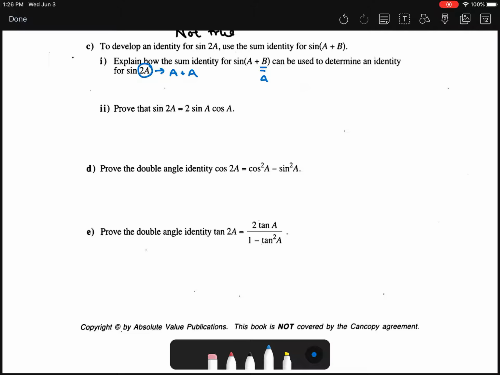So I'm going to have sine of a plus a is what's going to basically happen. So that's what I'm going to do. What we're going to write here is just what we're going to do in the next step. We're going to replace the b by an a in the identity for sine a plus b.